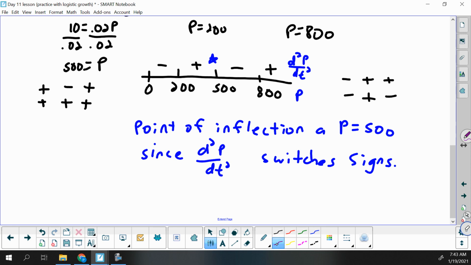And the meaning, the point of inflection is your maximum or minimum of the rate. Well, we were increasing, so it is when our rate is the greatest.